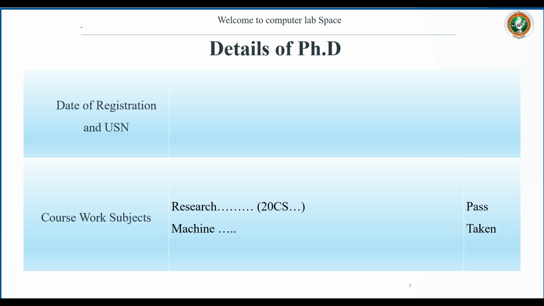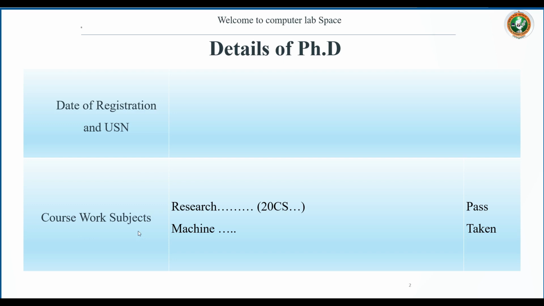No, it is the date you got confirmation from the university. You are going to get the provisional approval letter from the university, so you can mention that as the date of registration. And your USN you need to mention here. By the time of the first doctoral committee meeting, obviously you will have your USN, right? So you can mention it here.